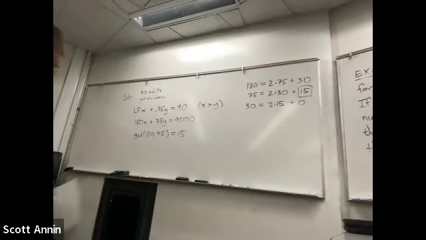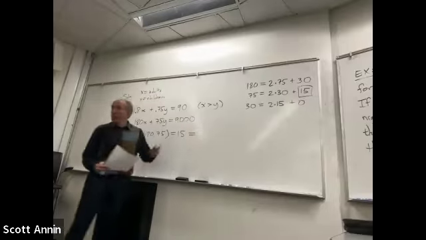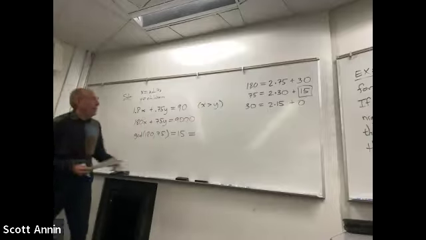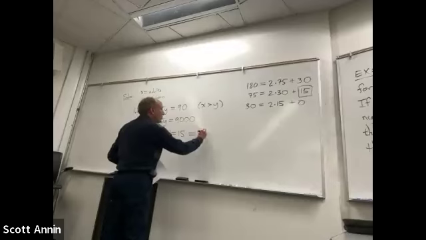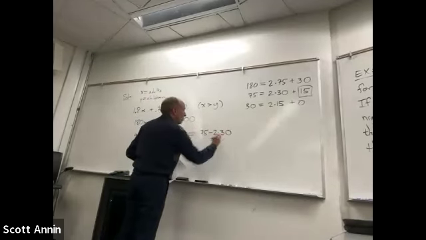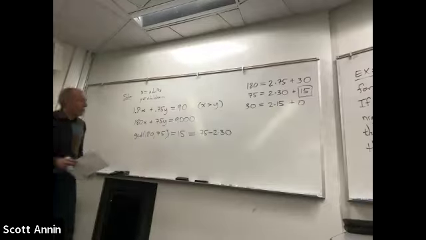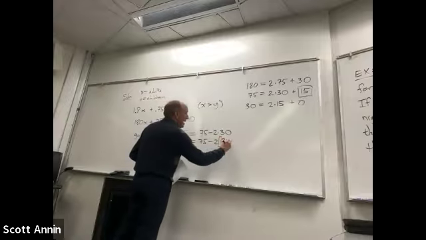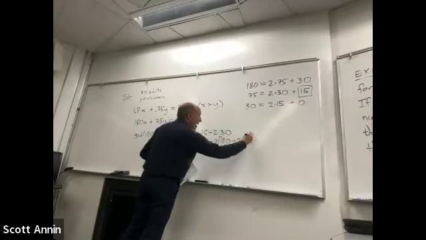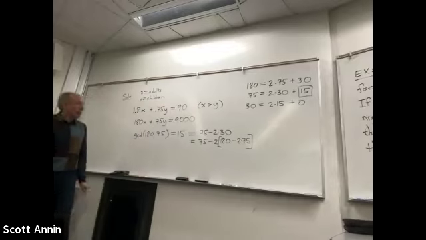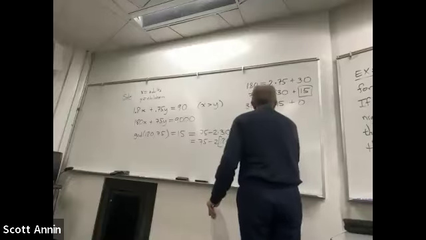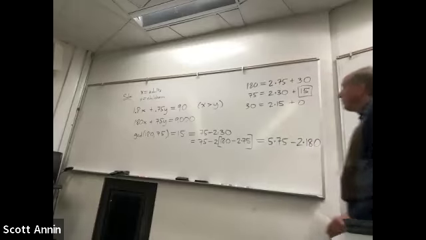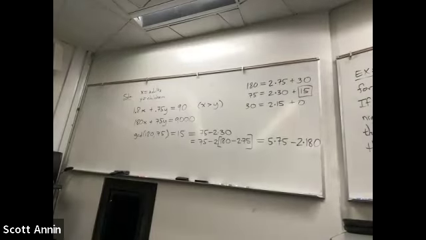So remember that the GCD, as I talked about in the videos, is the last non-zero remainder. So that's 15. And so what you need to do is rewrite that 15 as an integer combination of the original numbers a and b. To do that, we run this algorithm backwards. Again, I'll go very quickly in doing that part, 75 minus 2 times 30. And then we take the 30 and we replace that one with 180 minus 2 times 75, like so. And when we clean that one up, we're going to have 5 times 75 minus 2 times 180.